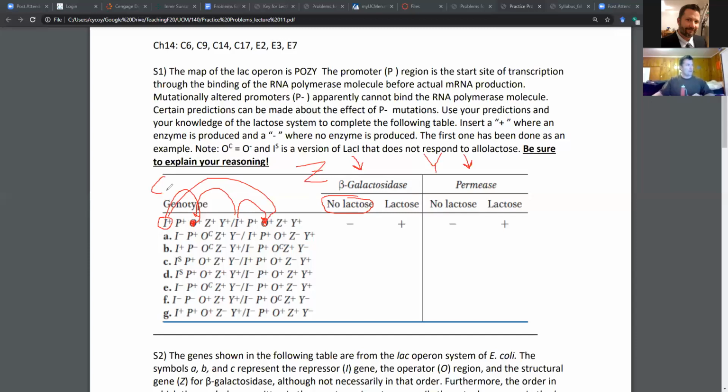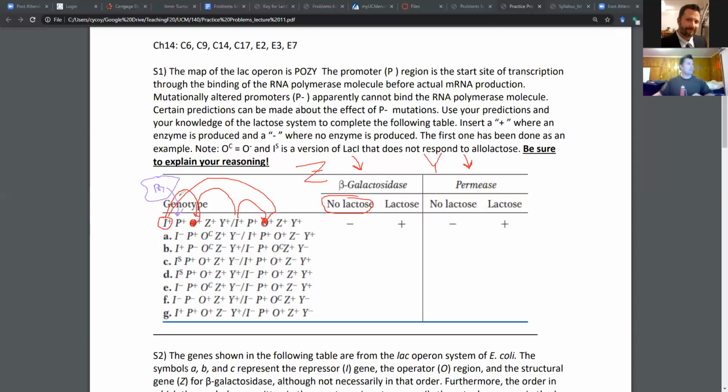a polymerase molecule, let's just call this a polymerase. Let's not make that red because that makes no sense. Let's do it purple. So here would be a polymerase molecule. It could come sit down at the promoter, but it's not going to go anywhere. And in fact, the inhibitor, I think, prevents binding entirely. So the polymerase isn't going to work.